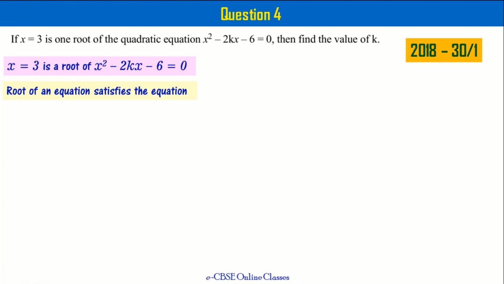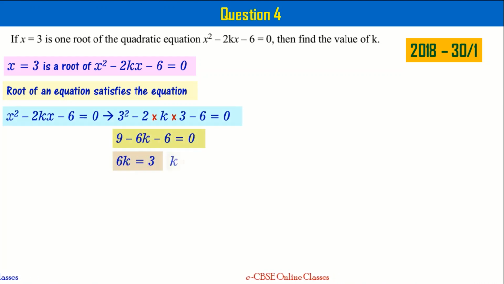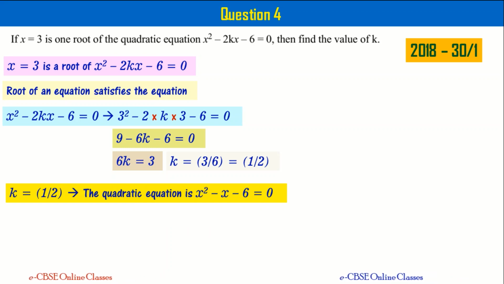It means that when you substitute x equal to 3 into the given equation, it will satisfy automatically. So let's now substitute x equal to 3 into the given equation and simplify it such that you get k equal to half. This is what we are looking for. K equal to half is the solution and the quadratic equation becomes x square minus x minus 6 equal to 0.